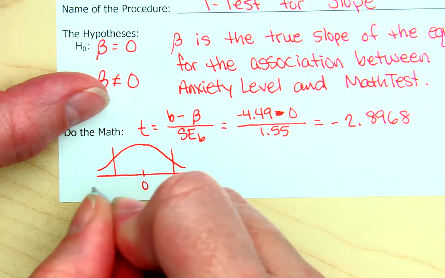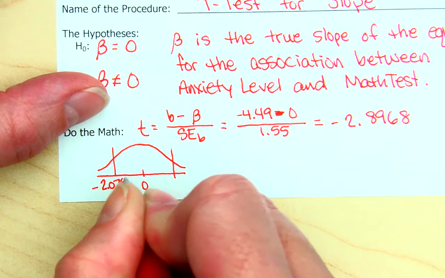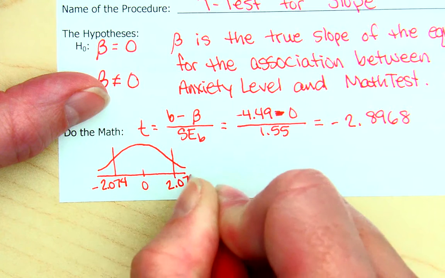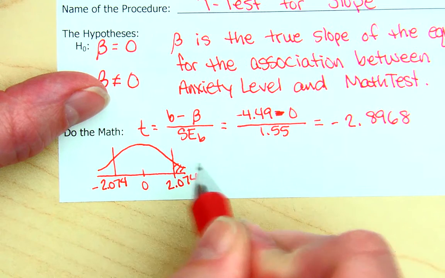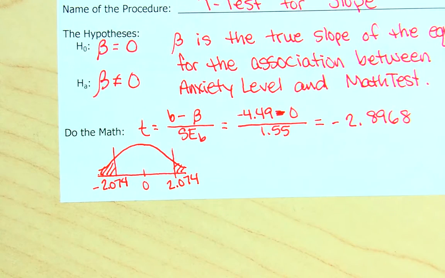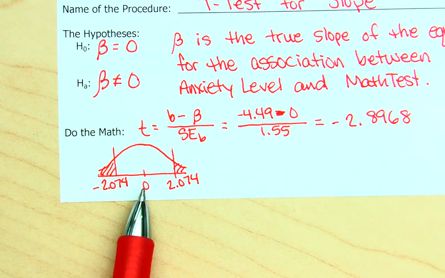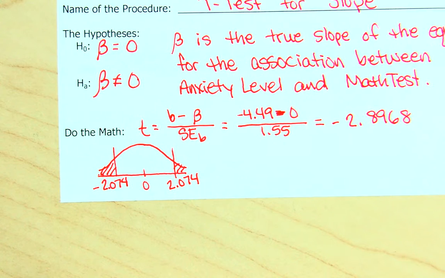That tells us how far out anything will be rejected. Anything farther than that from 0 is so far out that we're going to say this is not something that we expected to happen. So we're going to reject.